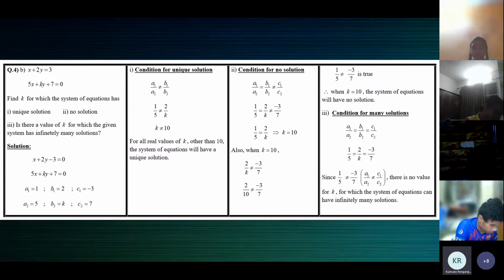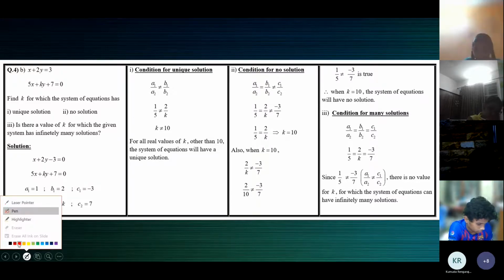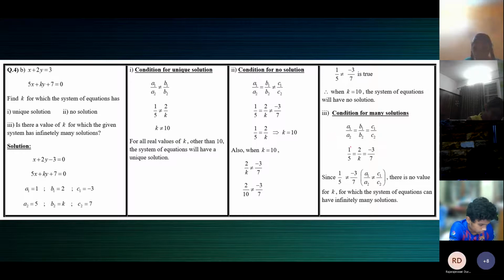Rajeshwari, please check your working for the third subdivision alone. Third is not when k is 10. Straight away you can say that 1 by 5 is not equal to minus 3 by 7. You don't have to check with any value of k.